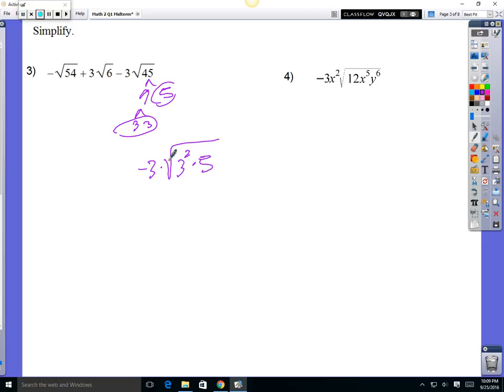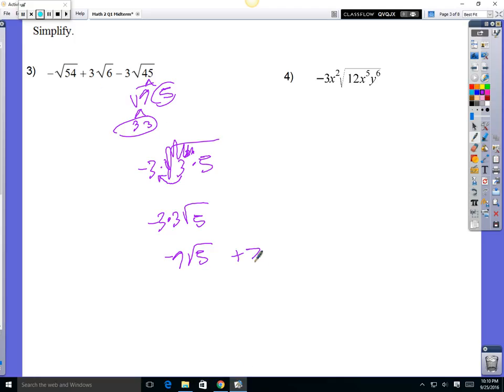Now this square root is going to undo this square. So the 3 comes out, because the square root of 9 is 3. And on the outside there's already a negative 3. So you take what is already there, what you bring out, you times, and 5 stays in. So negative 3 times 3 is negative 9 times the square root of 5. This one is done.